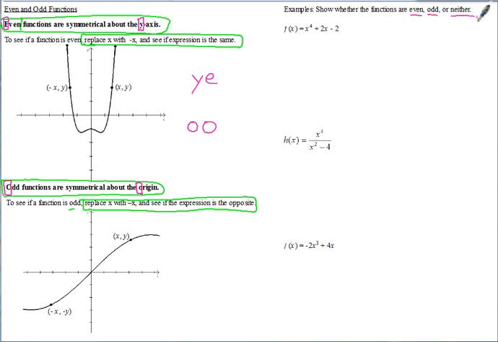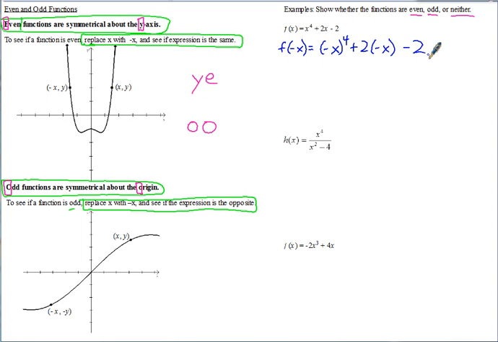All right, so show whether the functions are even, odd, or neither. It doesn't have to be symmetrical about the y-axis or origin. Sometimes it's neither one. So on both of these, we replace x with negative x. That just means wherever there's an x, you plug in a negative x. So that'd be negative x to the fourth plus 2 times negative x minus 2.